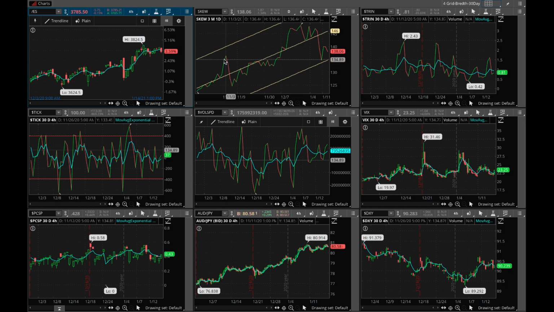As skew went up and started falling off, ES also followed suit. So watch out whenever skew is over 145, like we talked about. Those are the levels you've got to watch out for. As you can see, there is a huge sharp downturn here, and around that time, skew went above 145.